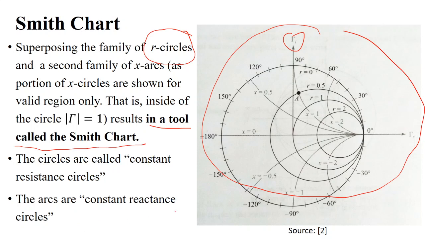So circles are called the constant resistance circles, and these arcs are called the constant reactance circles or arcs.